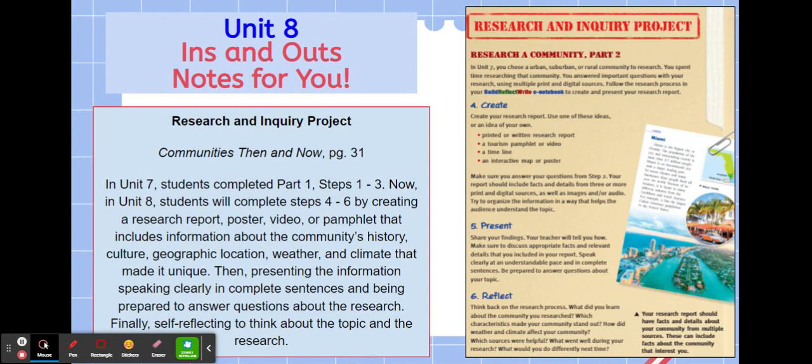Now, in Unit 8, students will complete Steps 4 through 6 by creating a research report, poster, video, or a pamphlet that includes information about the community's history, culture, geographic location, weather, and climate that made it unique, then presenting information, speaking clearly in complete sentences, and being prepared to answer questions about the research. Finally, self-reflecting to think about the topic and the research.